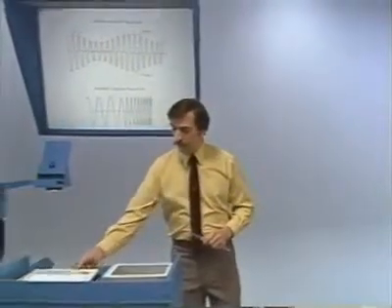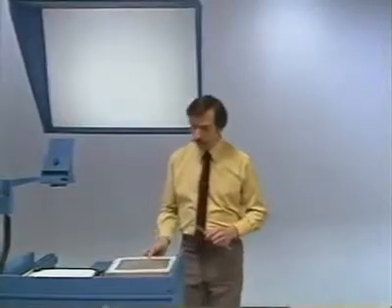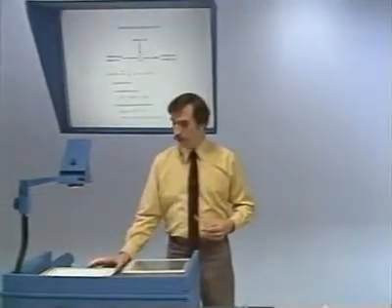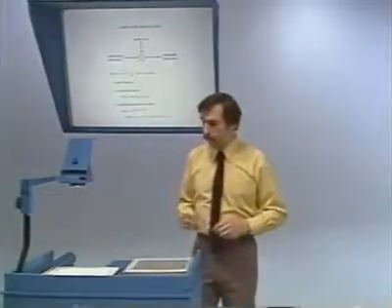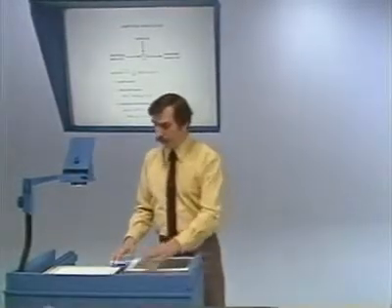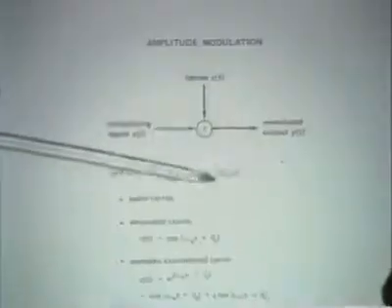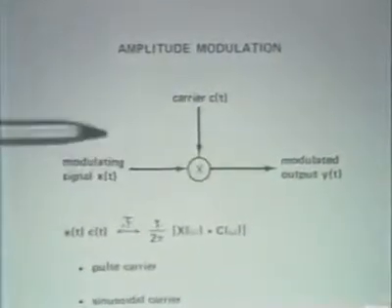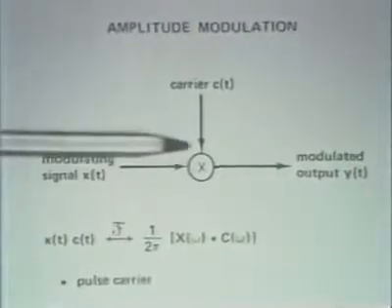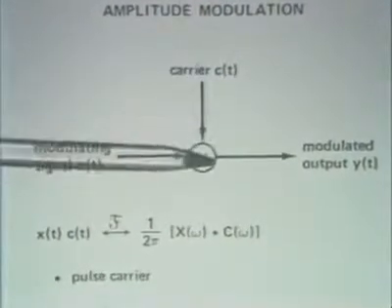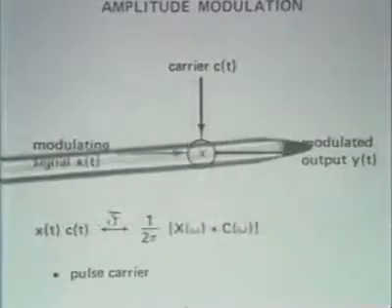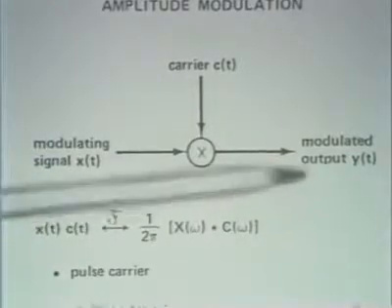And as I indicated, there are several kinds of carrier signals on which the modulation can be superimposed. The basic structure for an amplitude modulation system is one in which there is the modulating signal, let's say, for example, voice, and a carrier signal, what's referred to as the carrier. And then, of course, the resulting output is the modulated output.